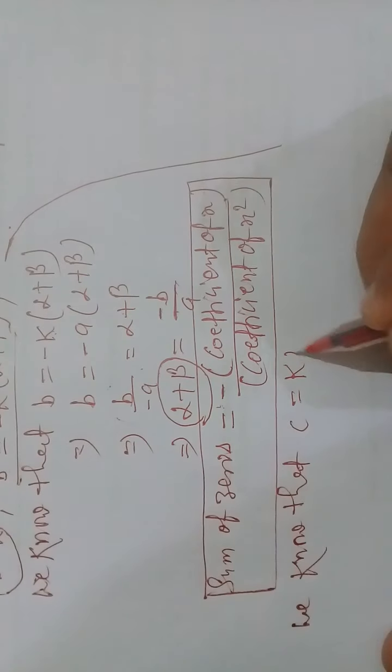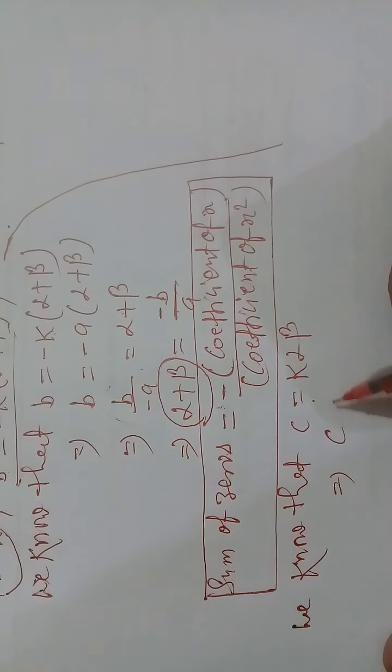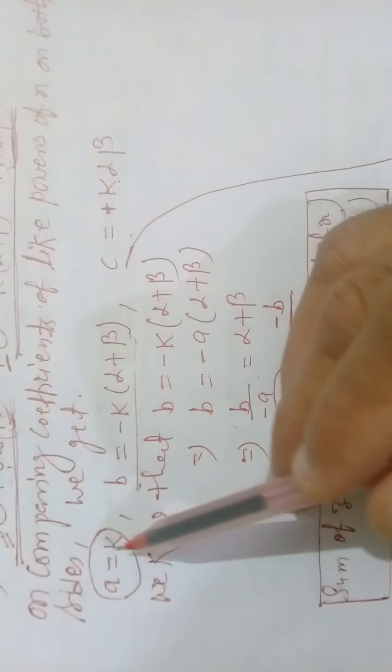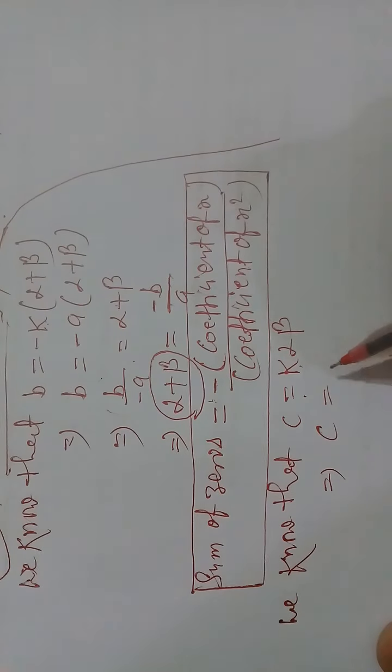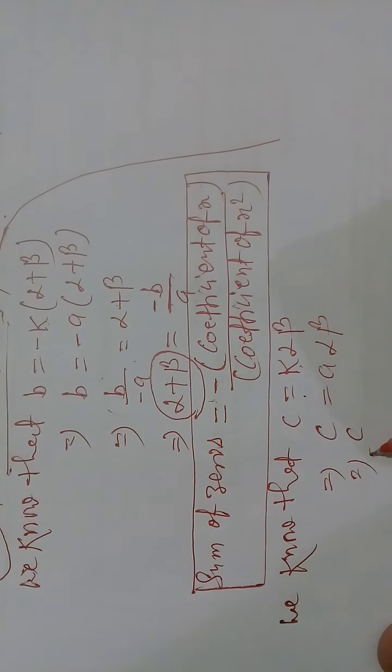The value of k is equal to a, so putting k equal to a, alpha beta equals c by a, dividing by a on the LHS. Alpha into beta is the product of zeros.